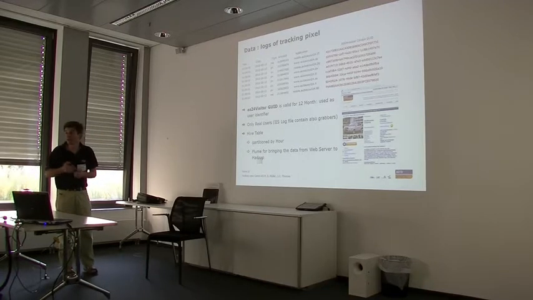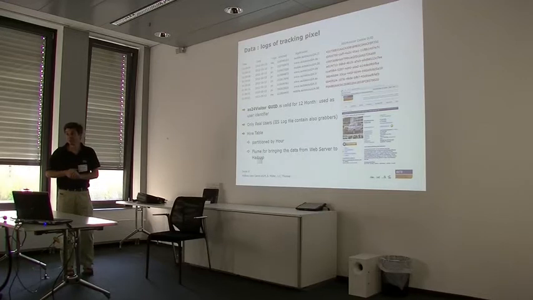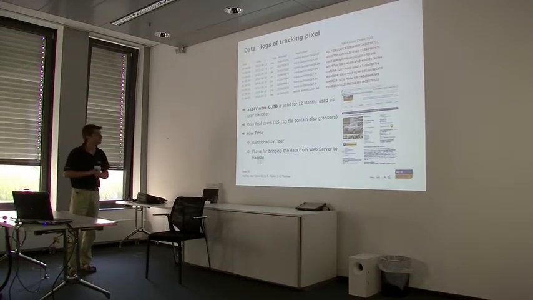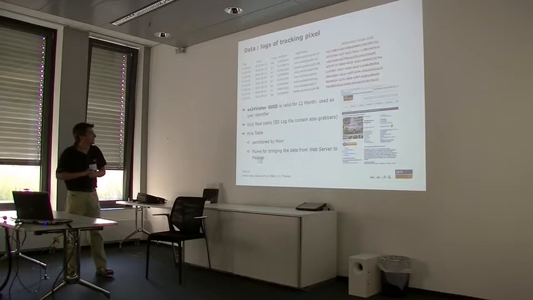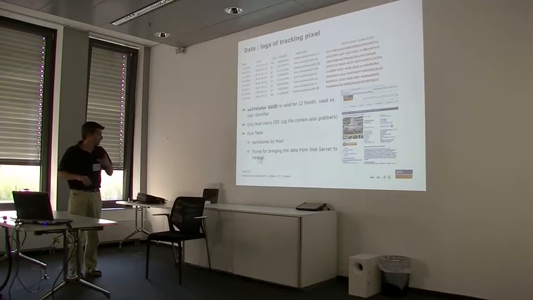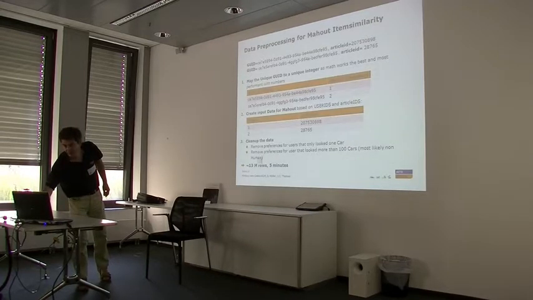When this cookie ID is set the first time on the browser, it is available for 12 months. So we can really, based on the browser, identify the user. Those data are collected in Hadoop, as described before, in a Hive table which is partitioned by hour. Well, I don't need to go deeper into that.